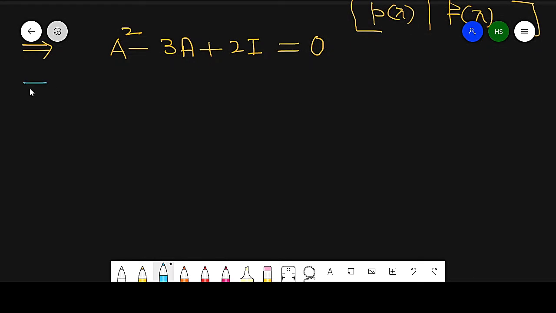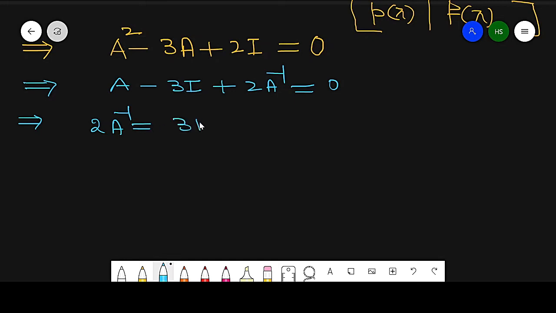So if it satisfies the minimal polynomial, we get A square minus 3A plus 2I equal to 0. Now pre-multiply by A inverse. It will become A minus 3I plus 2A inverse, which is equal to 0. So we get 2A inverse equal to 3I minus A. So A inverse is equal to 1 by 2 into (3I minus A).